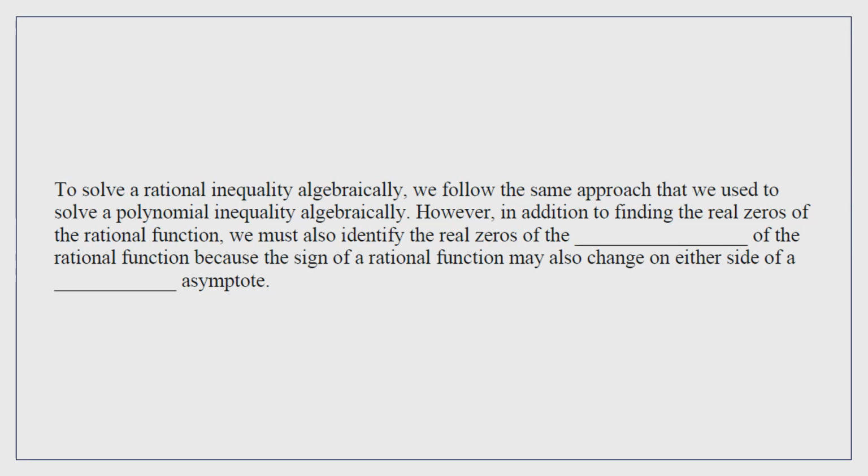However, in addition to finding the real zeros of the rational function, we must also identify the real zeros of the denominator, which is at the bottom of the rational function, because the sign of a rational function may also change on either side of a vertical asymptote. So it's a similar approach as with polynomial inequalities, but we also have to consider the zeros of the denominator specifically. Let's do an example.